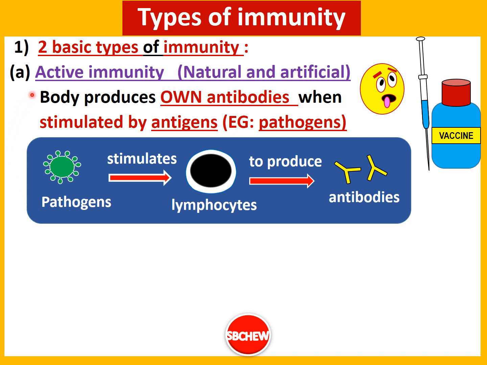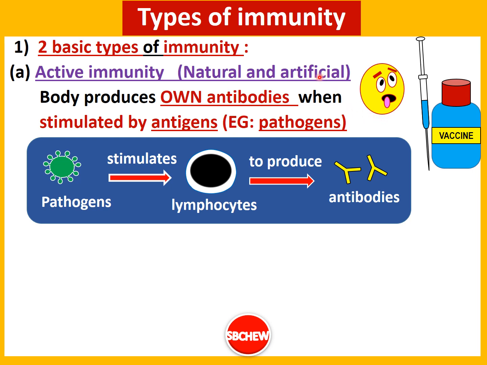So this is how the body gets active immunity. The word active here means that the body or the lymphocytes actively produces its own antibodies as it is stimulated by the antigens or pathogens. Okay, just briefly, active immunity can be divided into natural and artificial active immunity. So what is natural active immunity? It occurs when a person falls sick and recovers from a disease.